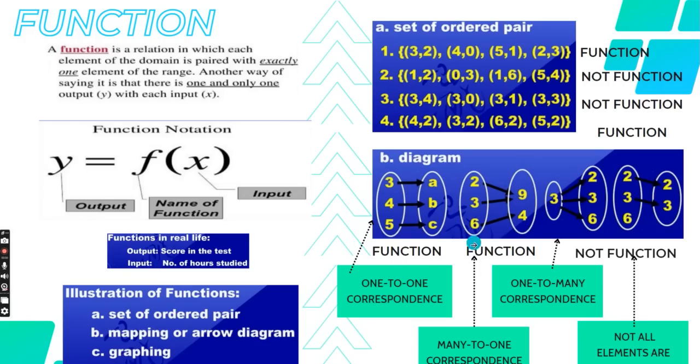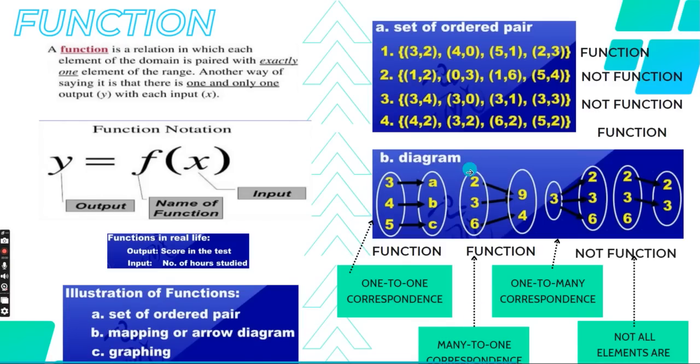The second one is a bit different because 2 is mapped to 9 and 3 is also mapped to 9, while 6 is mapped to 4. But it's still a function. Why? Because the domain is not repeated. We call it many-to-one correspondence.